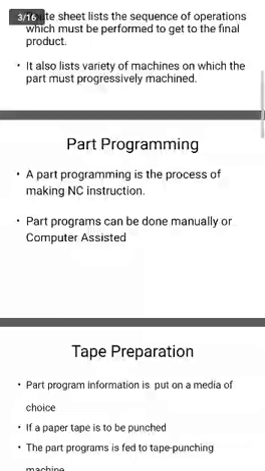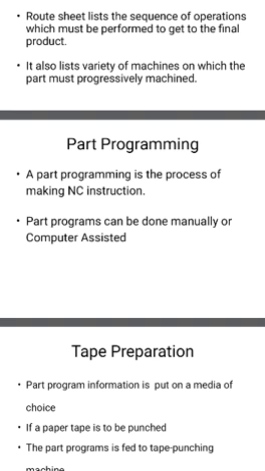So two ways. So what is that? A part program plans the process. It plans the process of the job to be accomplished, means to be done, by the NC.